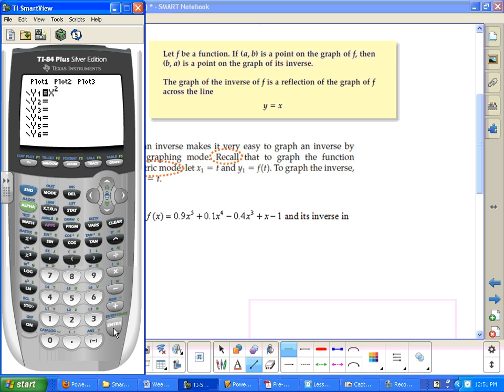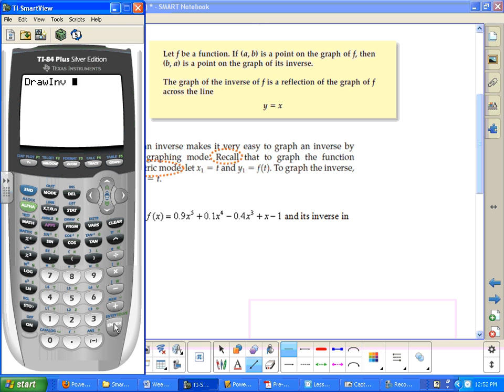All right, just graph x squared. Now, if you go to second program where it says draw, second program to get to the draw, and down to number 8, it will draw the inverse.